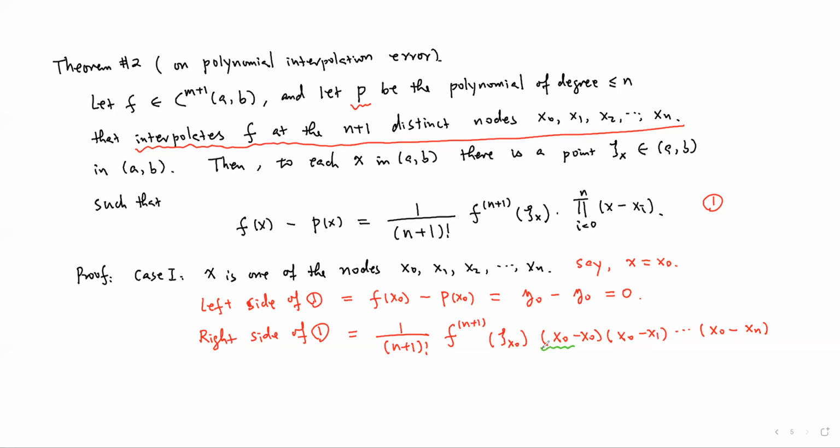But the first factor is 0, so the whole product is 0. So if x is one of the nodes, the left side is equal to the right side. No problem.